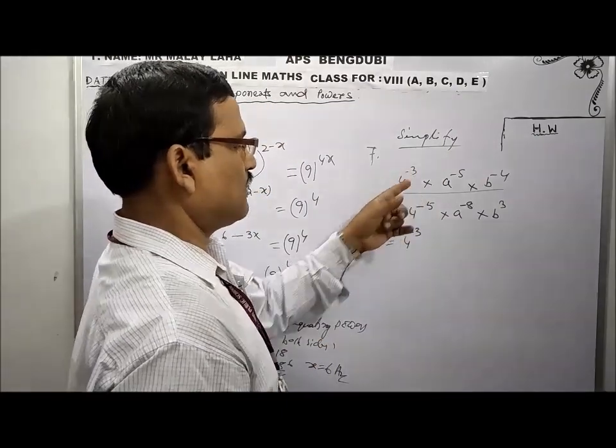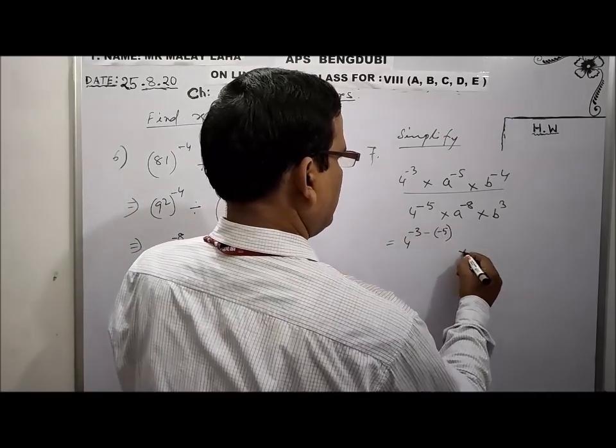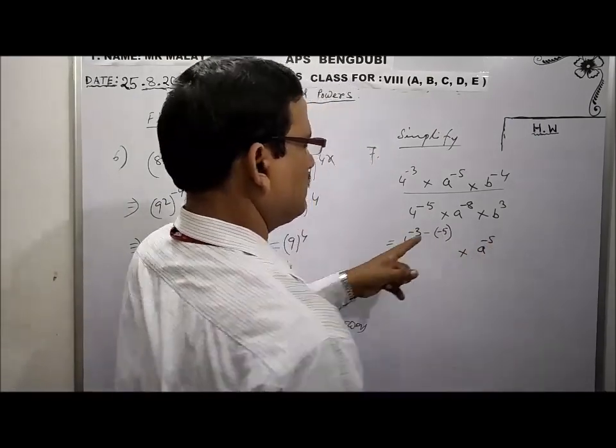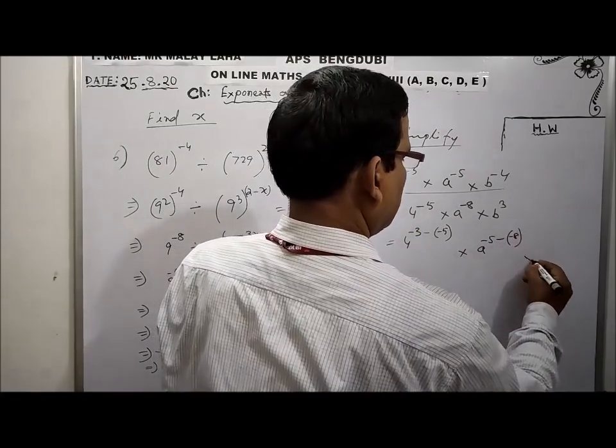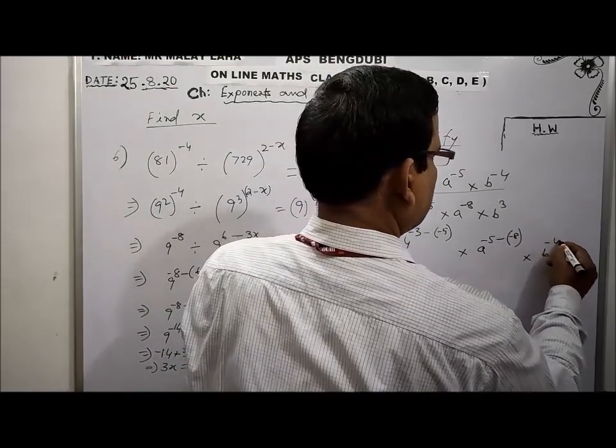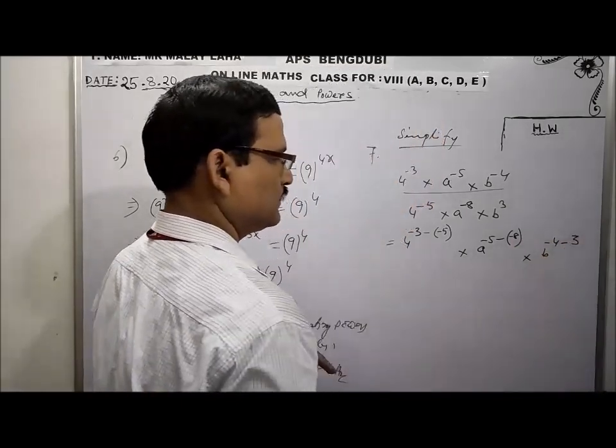So when this one will come here, minus 5 into a raised to minus 5, here minus minus 8 into b raised to minus 4 minus 3. Clear?